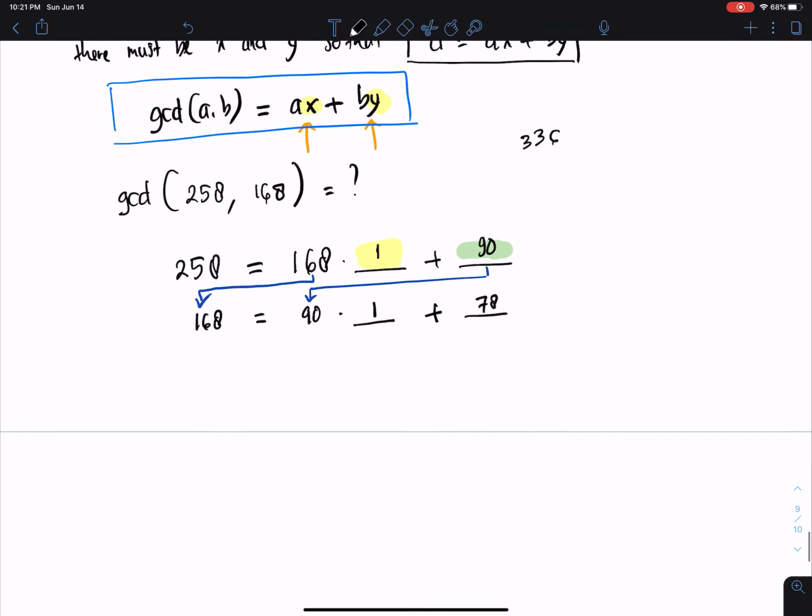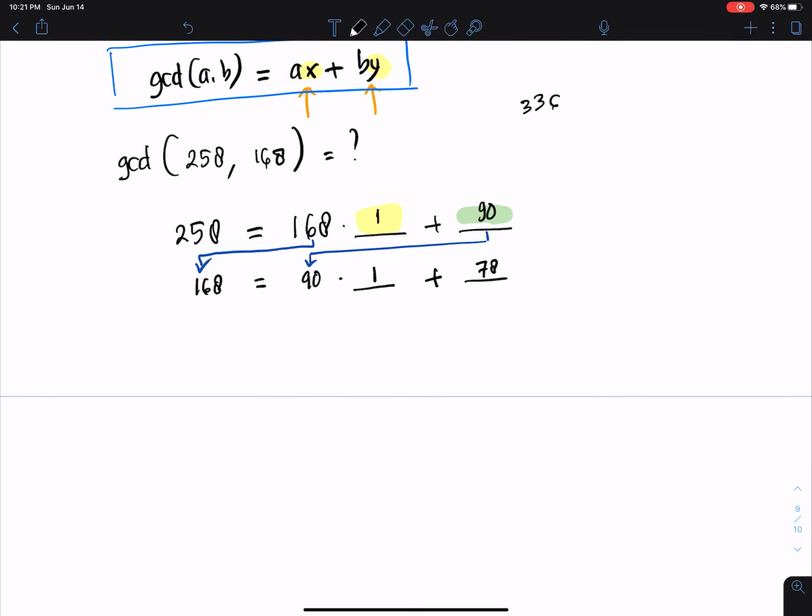Okay, so again continue with the same movement. Here will be 90, over here will be 78, times what number, plus what remainder. Again, I believe it is 1, because if you multiply by 2, it already exceeds 90. So what will be the remainder? From 78 to 90, we get 12.